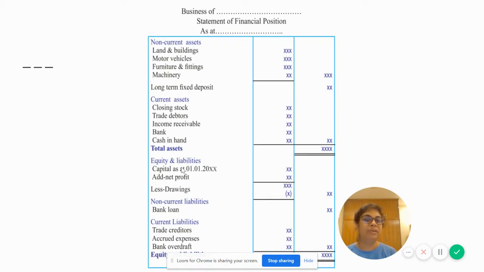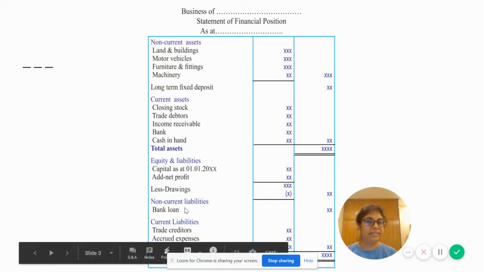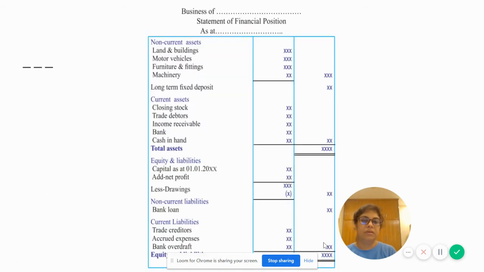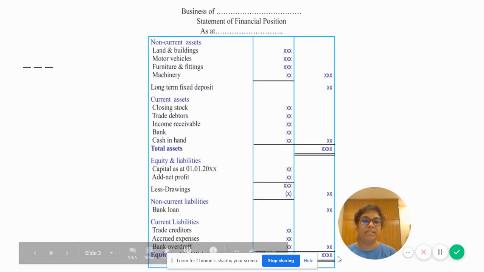There, first we will pay our attention towards the equity, what the equity is comprised of. After that, we'll go to the liabilities. There, first we will list out the non-current liabilities, and thereby we'll move on to the figure of current liabilities, and finally we will show them as one figure, equity and liabilities.